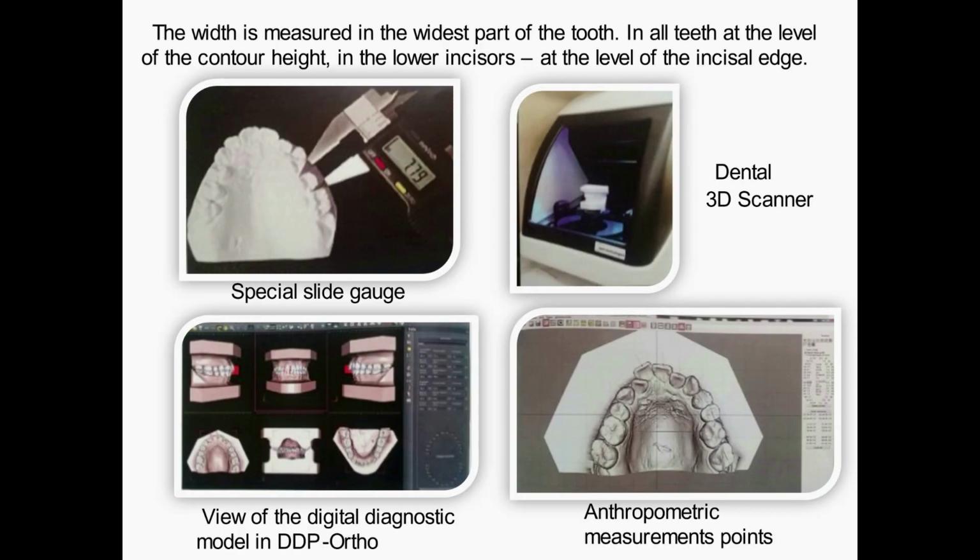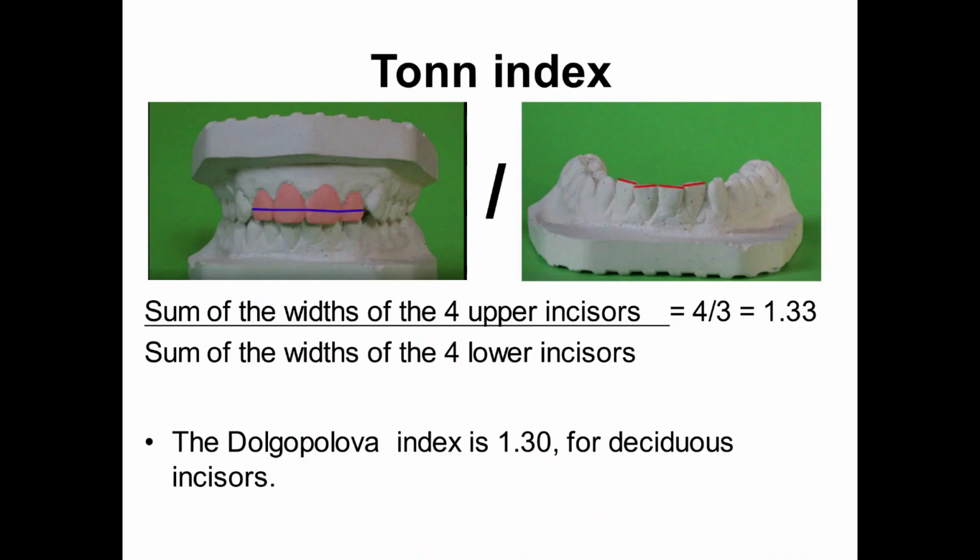The width, height, and thickness of the tooth crown are measured. The width is measured in the widest part of the tooth, in all teeth at the level of the contour height, in the lower incisors at the level of the incisal edge. Then, dentition's measurements.